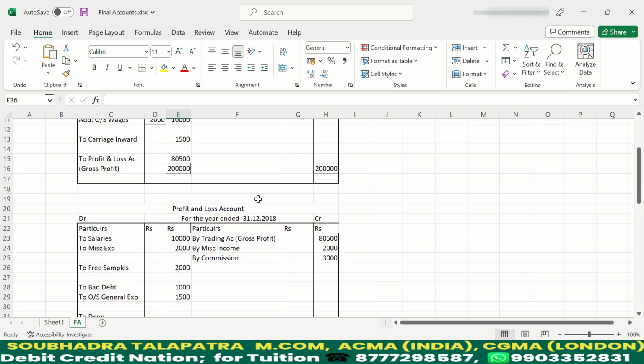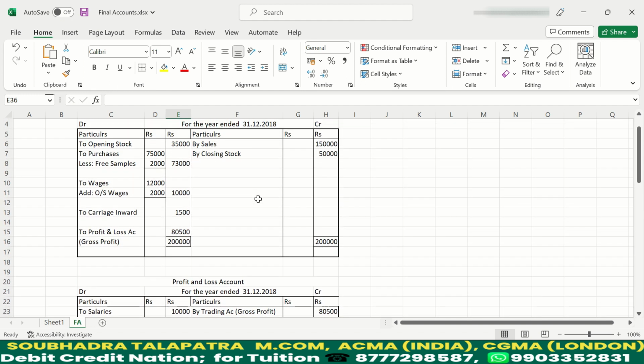Now my balance sheet should tally. So this is my debit side, and this is my credit side summation, 80,500. Sorry, I made a mistake. This outstanding wages I need to add, I somehow deducted it.